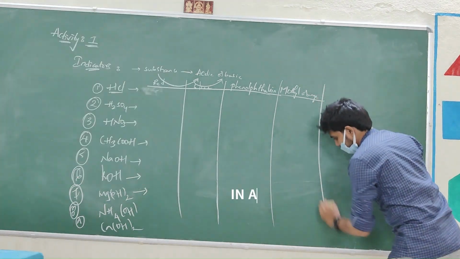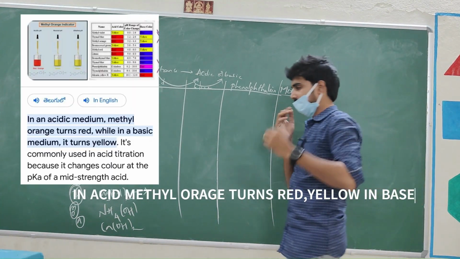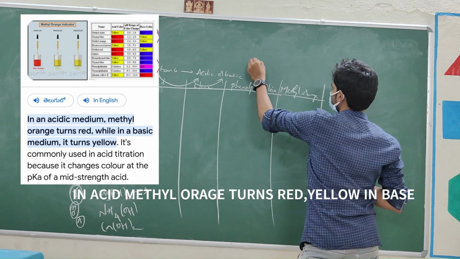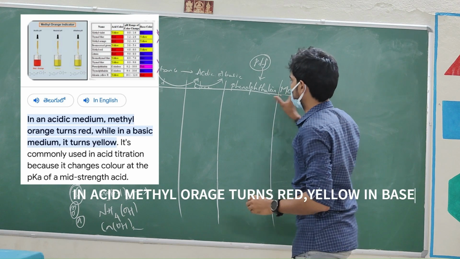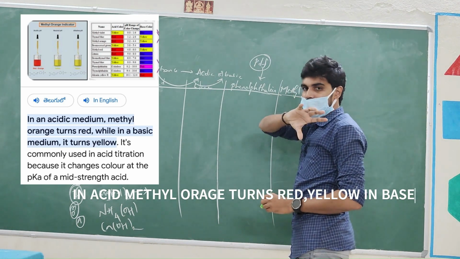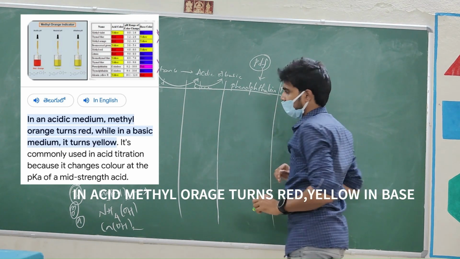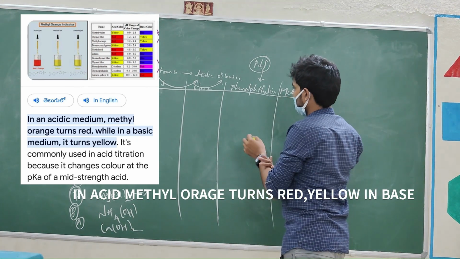In the description I am going to provide a PDF. In that PDF we get the majority of these indicators and the different colors they change into. Go through it and you will get a clear idea.